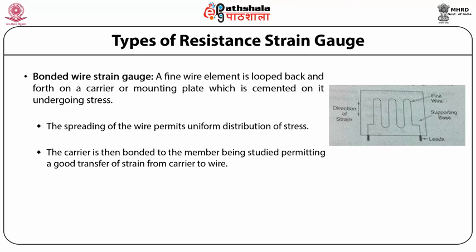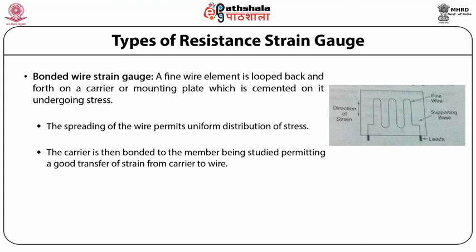And as shown in this figure, there is one dummy gauge which is used to remove any error due to temperature variation. Since only one gauge responds to the strain and causes bridge unbalance, it is just as in the case of a single gauge.